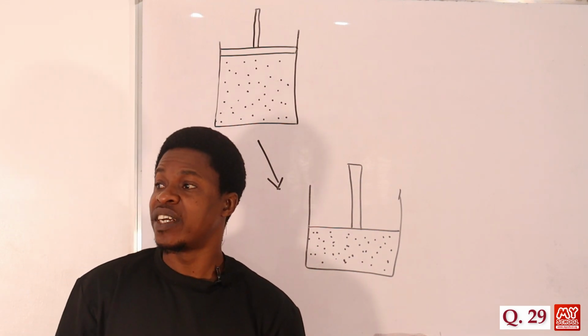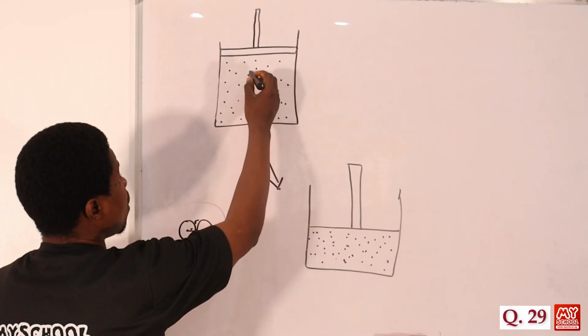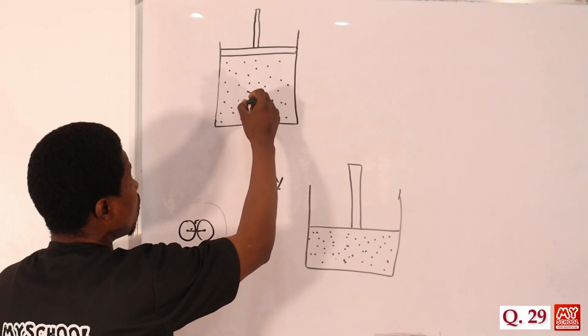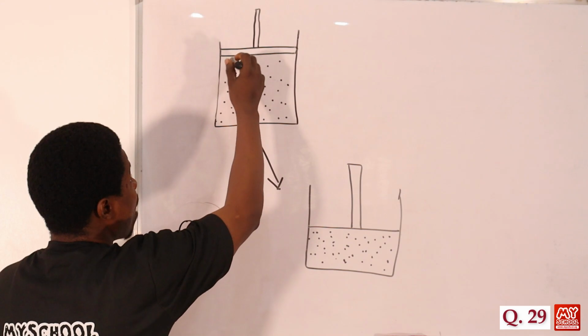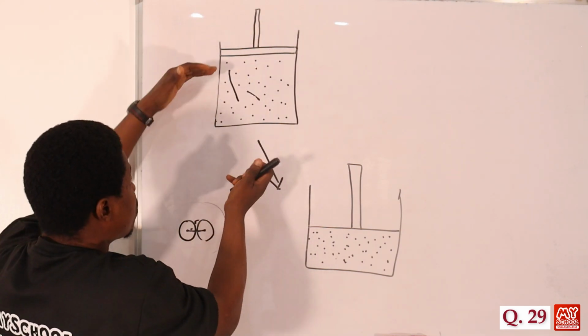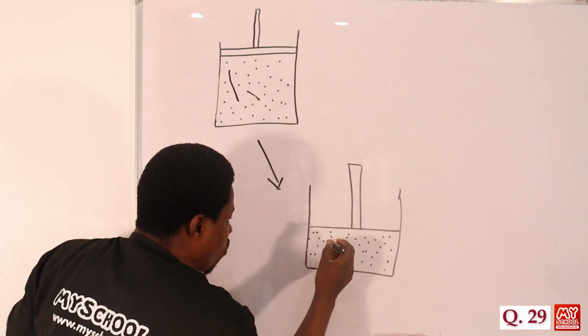Option B says average intermolecular distance. Let's look at it together. Now the distance from this to this point. Because you have compressed this, what happened? The intermolecular distance between the molecules will also become smaller.